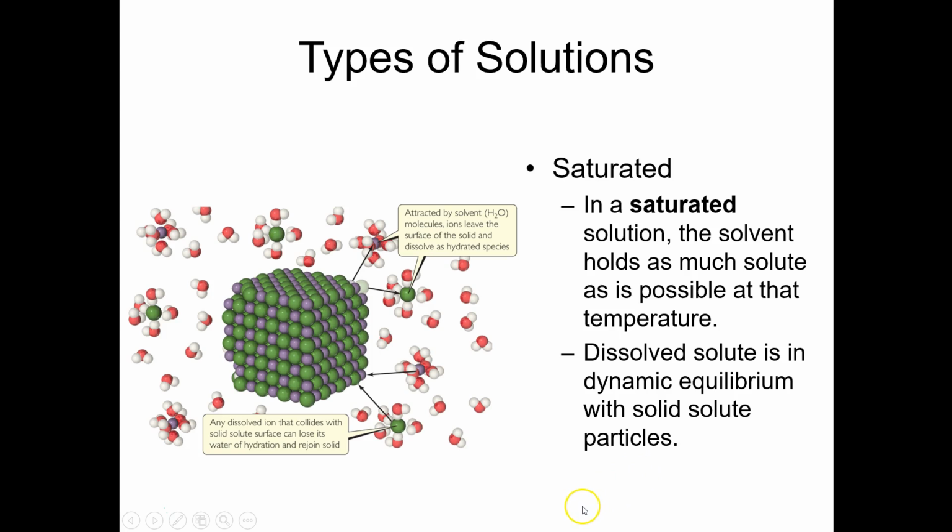In a laboratory, to make a saturated solution of sodium chloride, I would put so much sodium chloride into water that no more would dissolve, and a bunch would lie on the bottom.